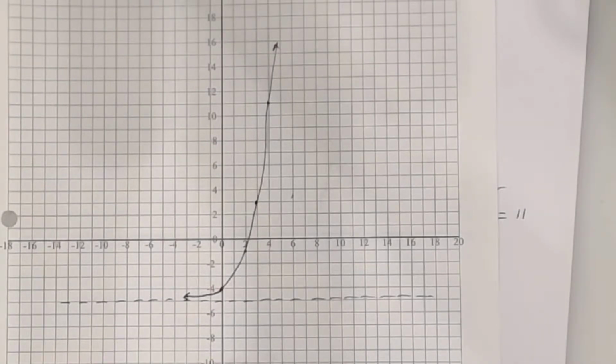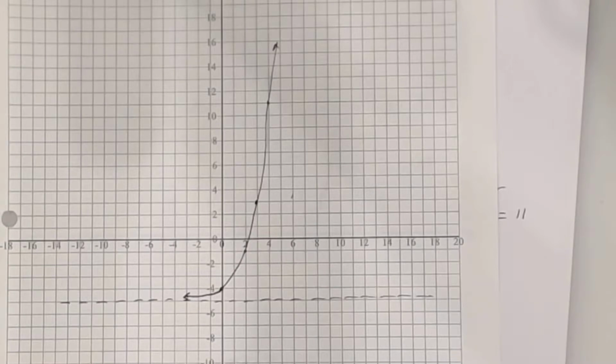So all you do is draw the horizontal asymptote. Then what's the next step? Plot the y-intercept. And then you know at one point, part of the graph is going to go towards the horizontal asymptote, but the other part's going to rise or fall rapidly depending on whether it's above or below the horizontal asymptote.